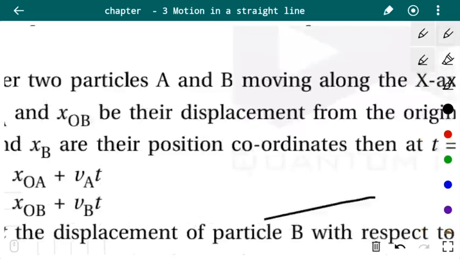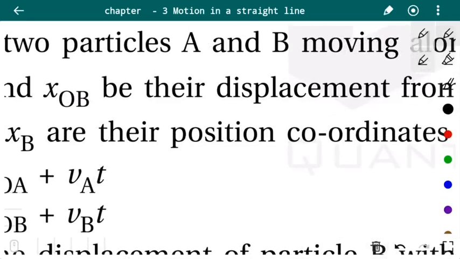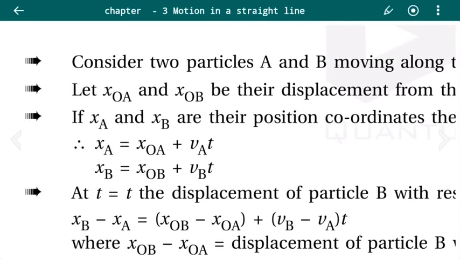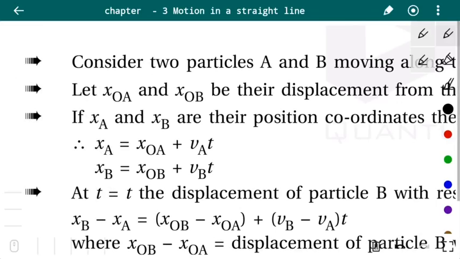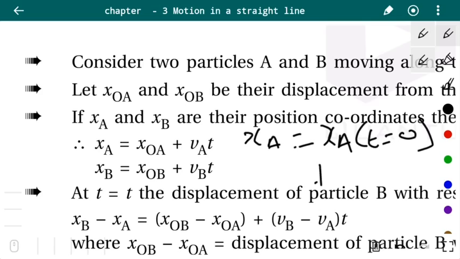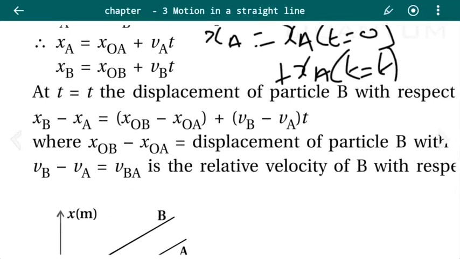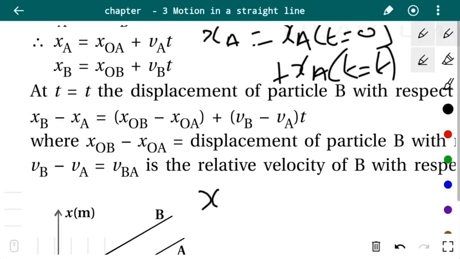So this XA equals XOA plus VAT, it is nothing but the equation: the position of the particle at t equals 0 plus the displacement of the particle at t equals t. That can be written as XA equals position of the particle at t equals 0, denoted by XOA, plus the displacement of particle A at time t, which we write as VAT.